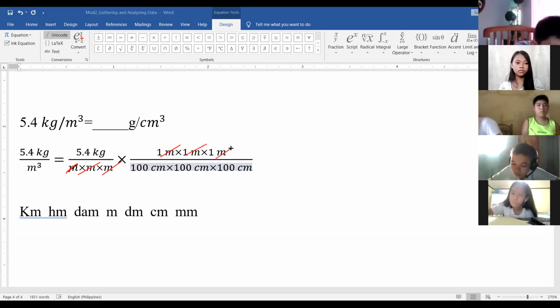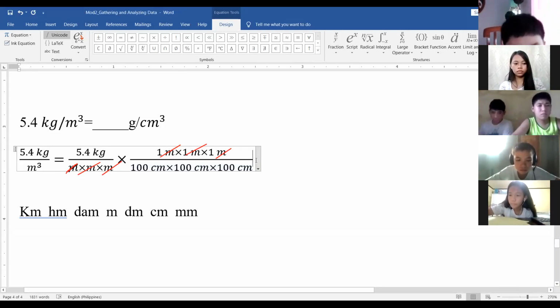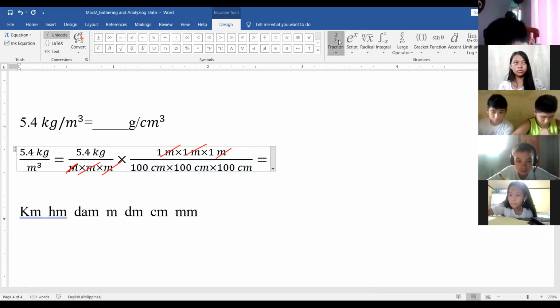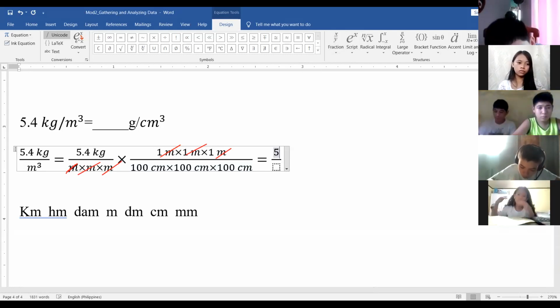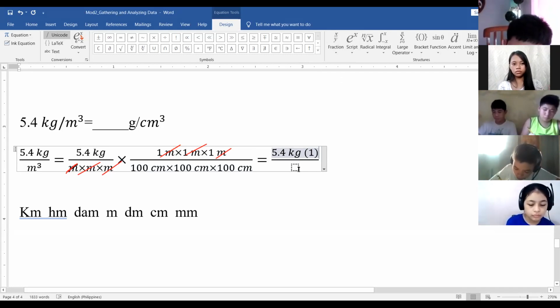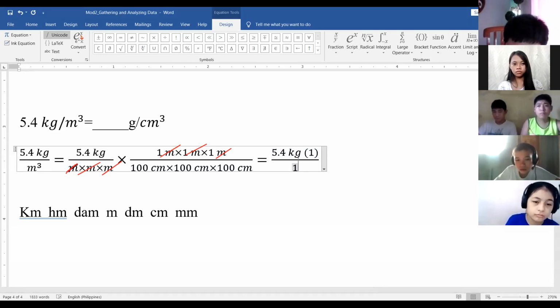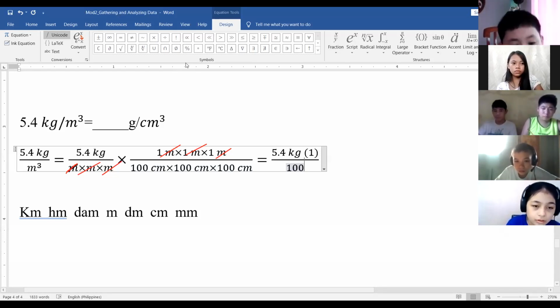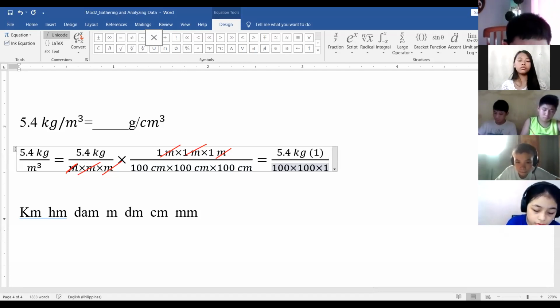Get it? So we are now going to get the answer here before we convert kilograms to grams. So from this solution, we go with 5.4 kilograms times 1 times 1 times 1 is 1 over 100 times 100 times 100 cm to the power of 3.